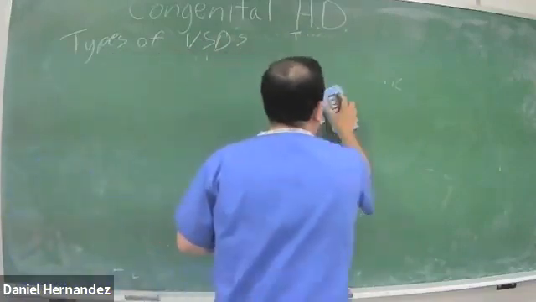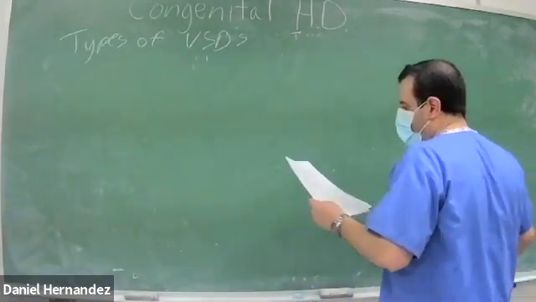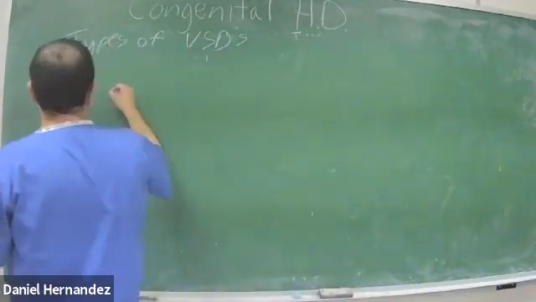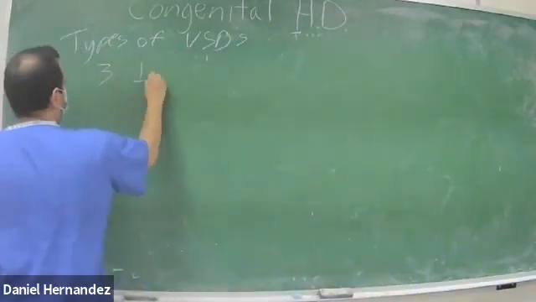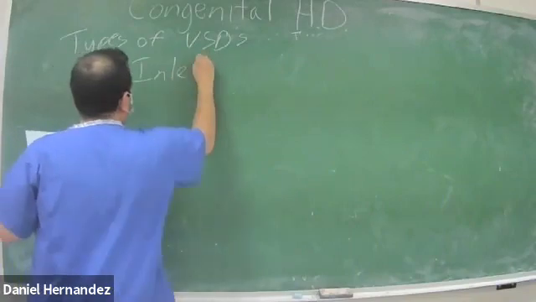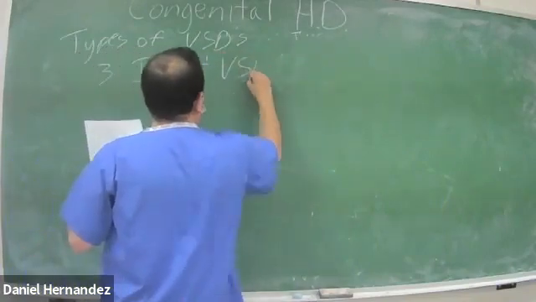So the next type of ventricular septal defect is an inlet VSD. So number 3, inlet VSD.